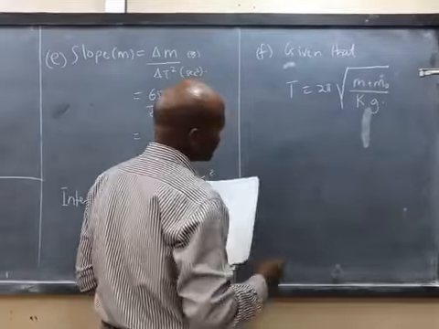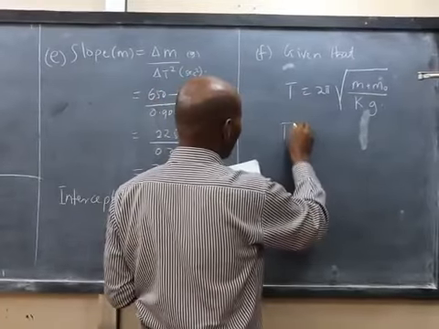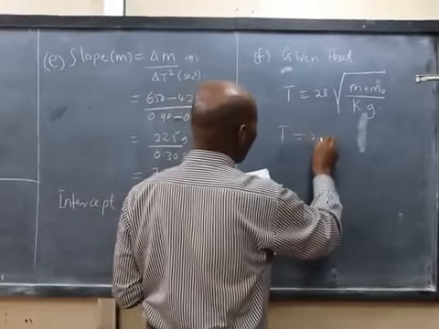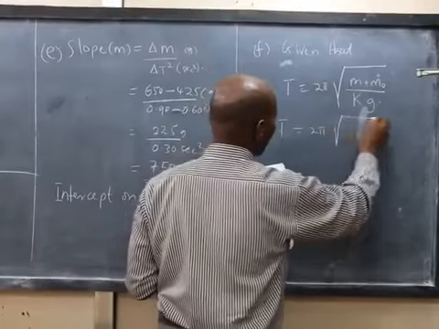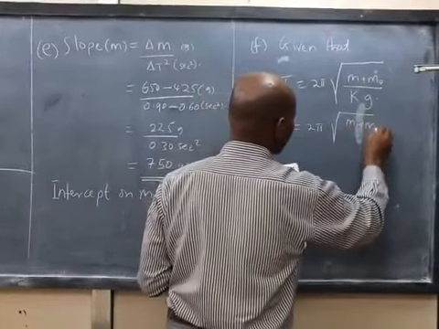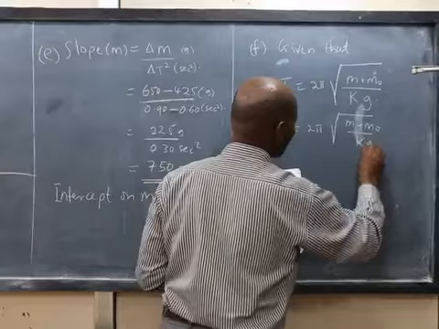We say T equals 2 pi under root of (m plus m naught) over kg.